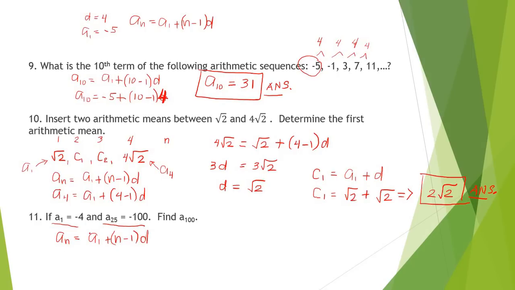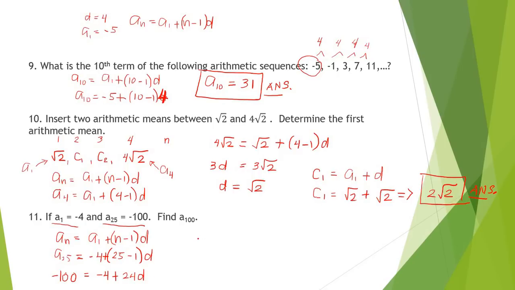For the 25th term, a25 is equal to, our a1 is negative 4, plus 25 minus 1 times d. And since we already have the value for the 25th term, we have this equation: negative 100 is equal to negative 4 plus 24d.